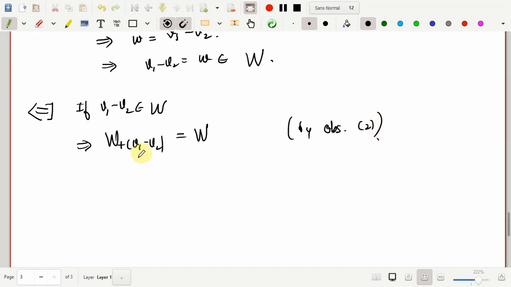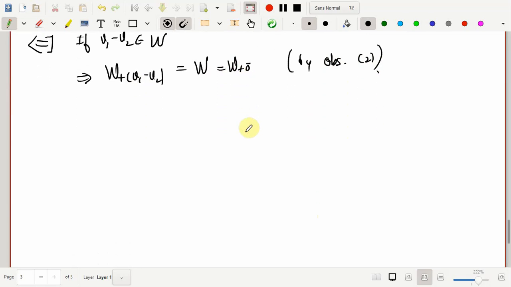And this is the same as W plus 0 bar, where 0 is the vector in V. So what do I have? I have W plus V1 minus V2 is the same as W plus 0 bar. Now the idea is clear from here. I want W plus V1 to be the same as W plus V2. So if I add V2 over here, that will give me W plus 0 plus V2, which would be the same as W plus V2, because 0 plus V2 is the same as V2.